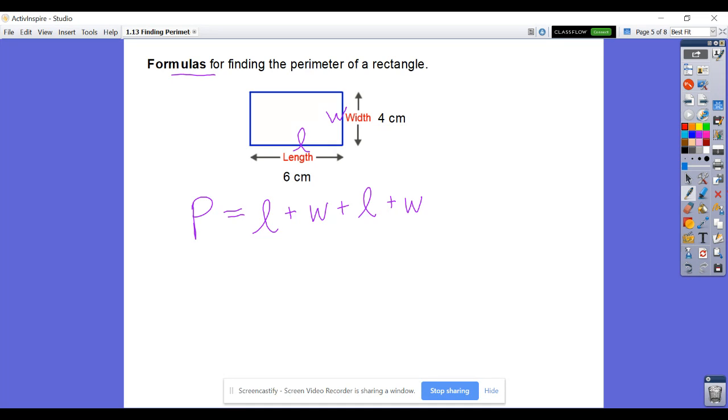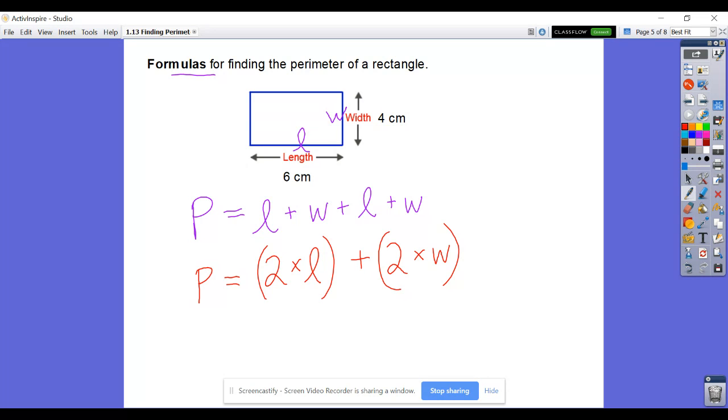If we did it with Alba's formula, we would say perimeter equals 2 times L in parentheses plus 2 times W, right? She took them and multiplied by 2 first, and then she added those together.